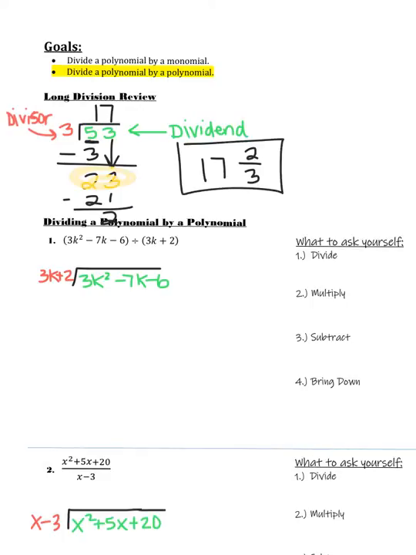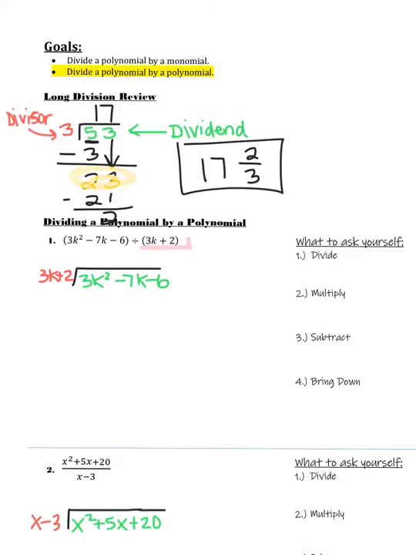We are going to try that same process, but we're going to bump it up and include some variables here. So notice our next example. We have a polynomial here, looks like a trinomial, and I am going to divide into that the binomial 3k plus 2.